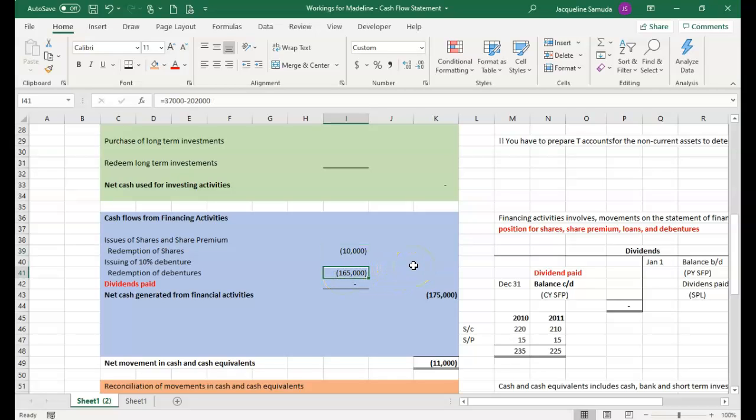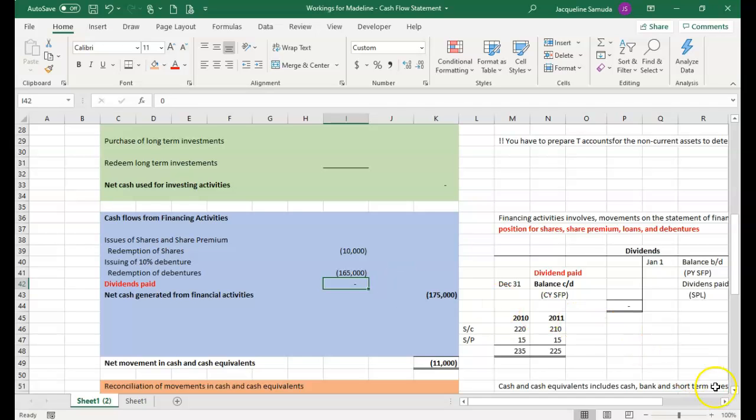So since we're now at the other section, we're going to look at the T accounts. We might as well stay with dividends paid and work that figure out so we can wrap up the financing activities.